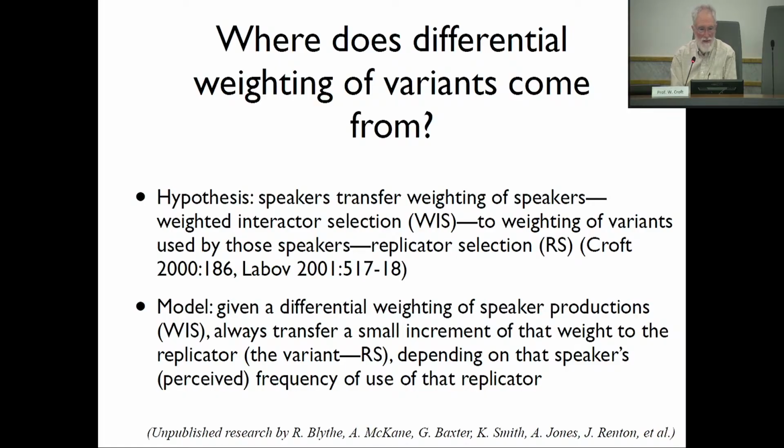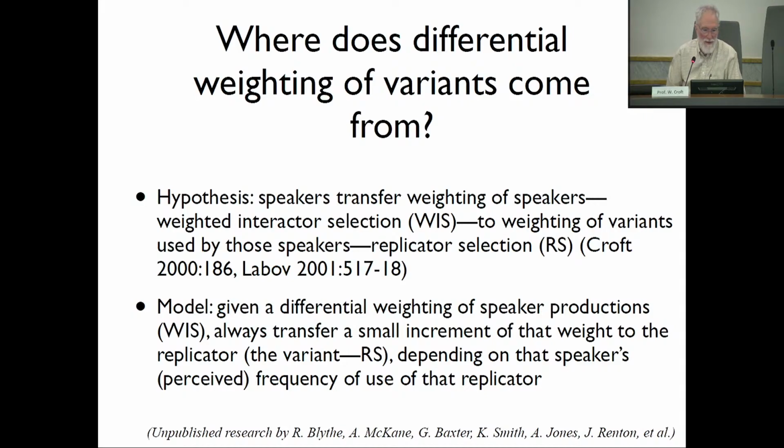So in other words, somehow they transfer the weighting of the speakers, that is weighted interactor selection, to the weighting of the variants that are most commonly used by those speakers. And so when they transfer it, it's replicator selection.